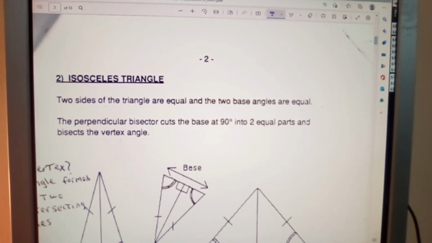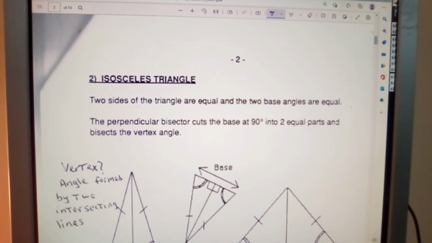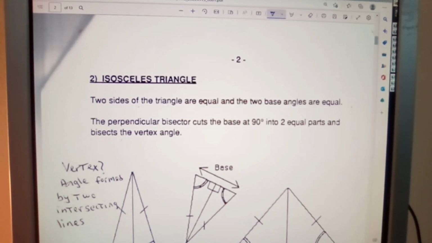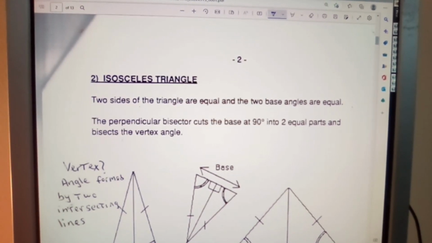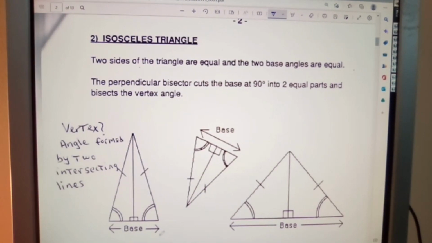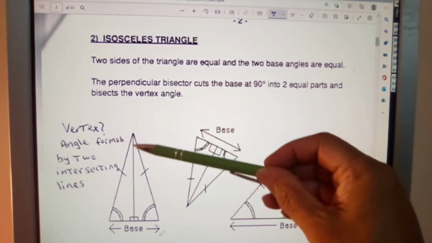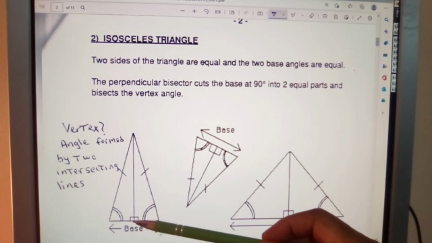So the vertex is an angle formed by two intersecting lines. So here you have your intersecting line here that intersects at the baseline there, which forms two angles here. We know that these two angles here should be the same value.